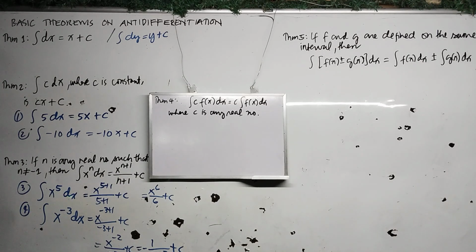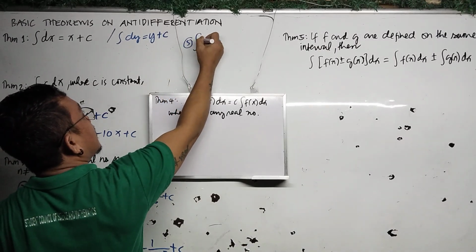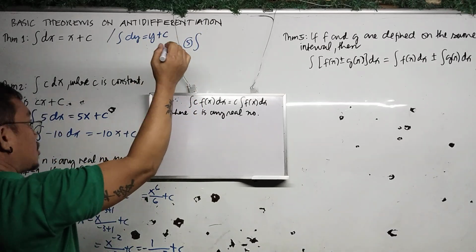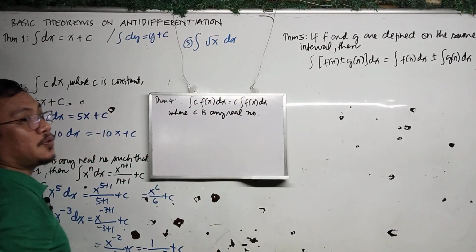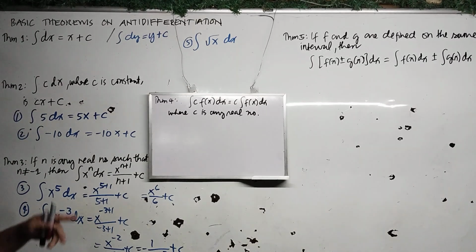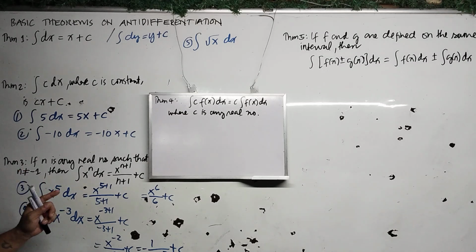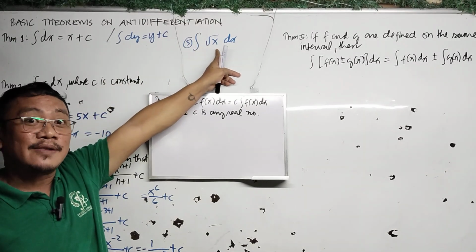Example 5: the integral of the square root of x with respect to x. Very clear that from the previous two theorems until theorem 3, we cannot yet integrate if it is written in radical form.